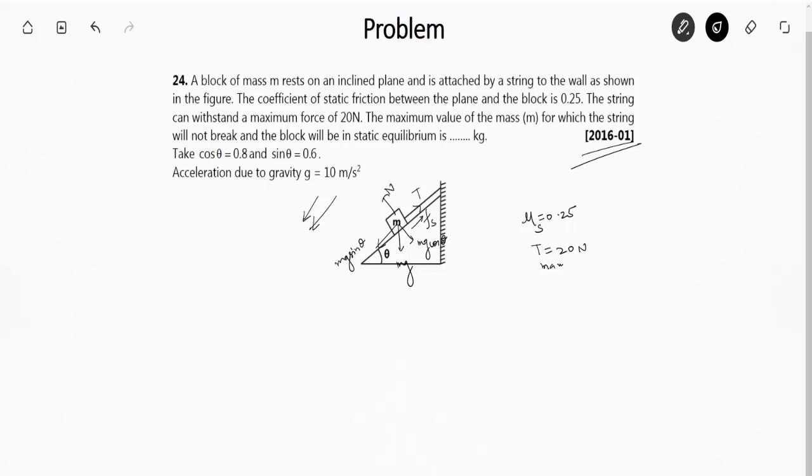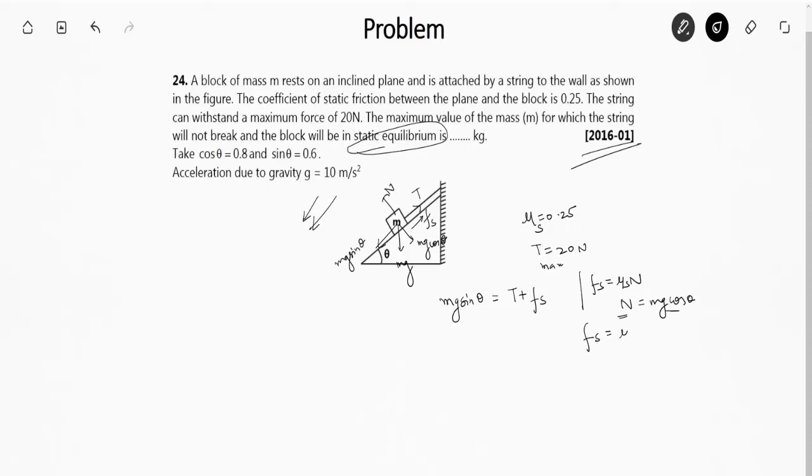Now they have mentioned it is in static equilibrium, which means that mg sine theta is balanced by the tension plus the frictional force. What is Fs? Fs is basically mu s times N, and for this particular FBD, N is basically mg cos theta. In the perpendicular direction, N is balanced by mg cos theta.